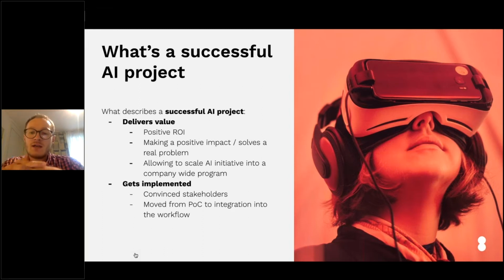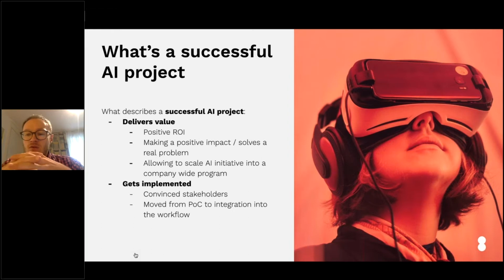For us, working with customers who are looking for a return on the investment on the projects they conduct, the projects need to deliver business value to our customers, right? So that they have positive ROI, they solve some real problems, and they are building a foundation for a company-wide AI program or AI practice.